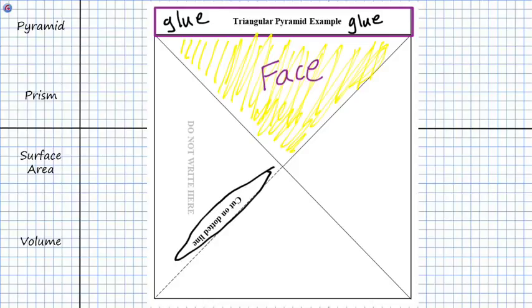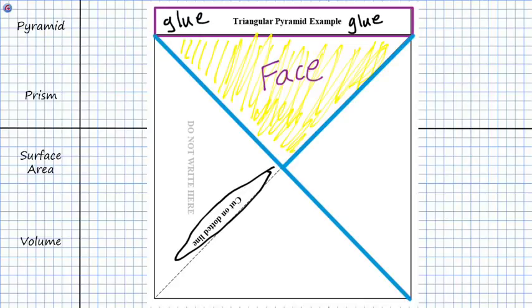Wherever two faces meet, we call that an edge. So go ahead and label these blue pieces as an edge. And finally, what we're going to see is that where 3 or more edges meet, that's going to be called a vertex.